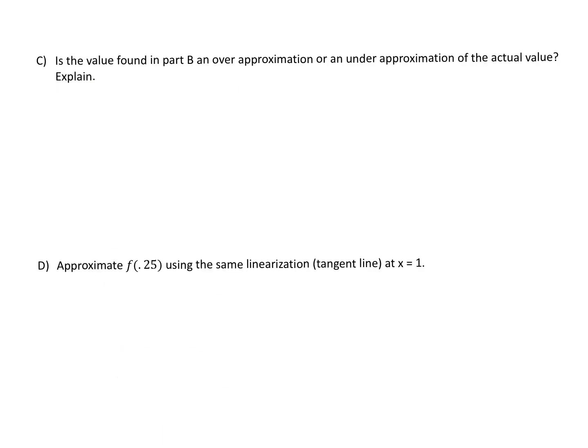Okay, so part C. Is the value found in part B an over approximation or an under approximation? Now, you can tell just by looking at your answers. So the graph, if we do the graph here one more time, my square root of x function looks like this, and the tangent line is completely above the function.